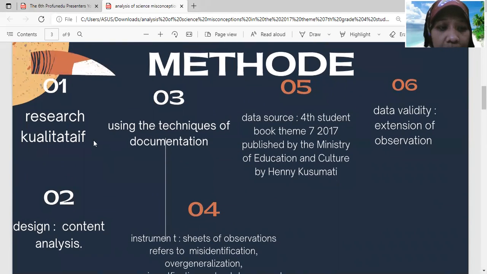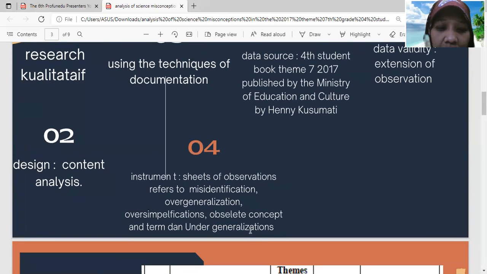The methods. This is a qualitative research with content analysis design using the technique of documentation, with the instrument being sets of observations that refer to misidentification, overgeneralization, oversimplification, obsolete concept and term, and undergeneralization.